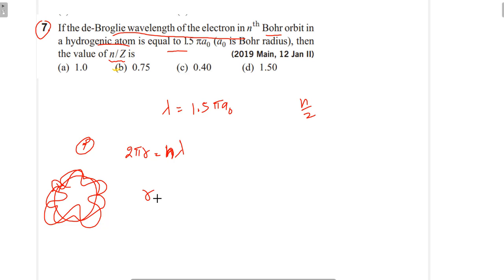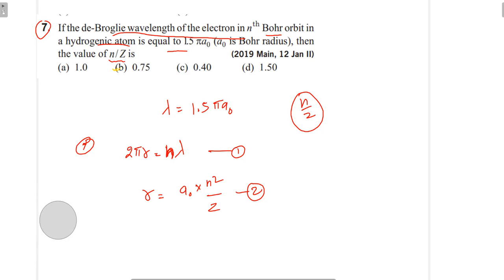As well, we know that the radius r equals A0, a constant, into n square by z. These are the formulas. Now there is no need to derive these formulas. Some students may have a doubt: sir, why are you taking these formulas? Because the question is asking n by z. So radius and lambda, these relevant formulas I have to take.